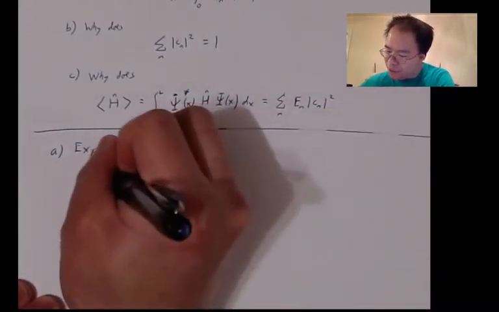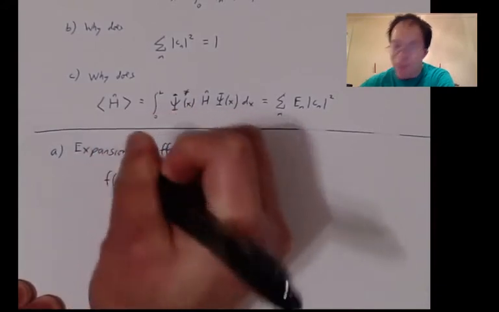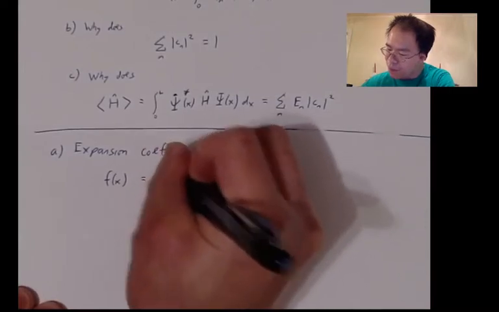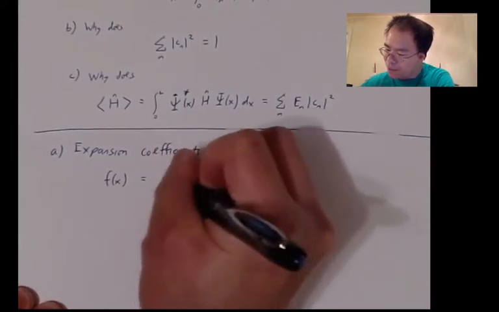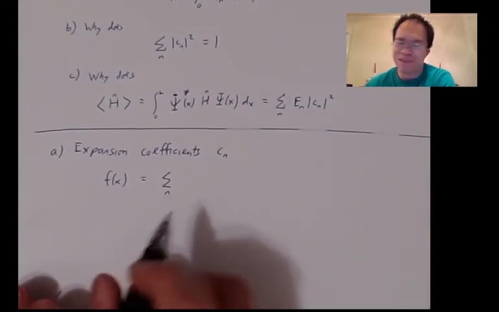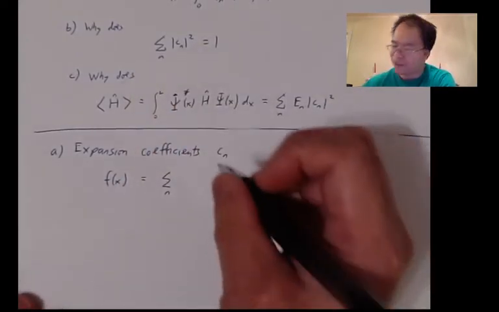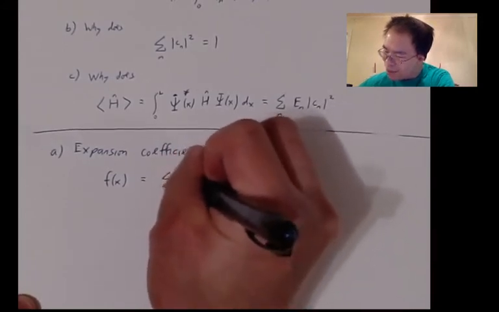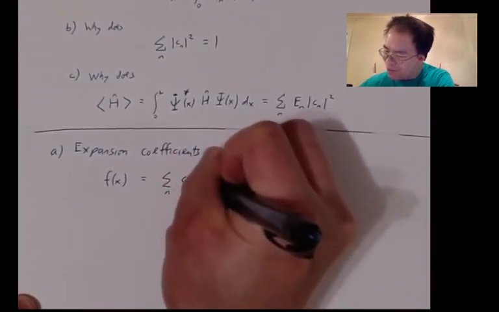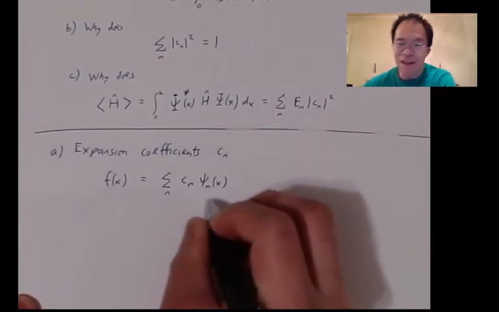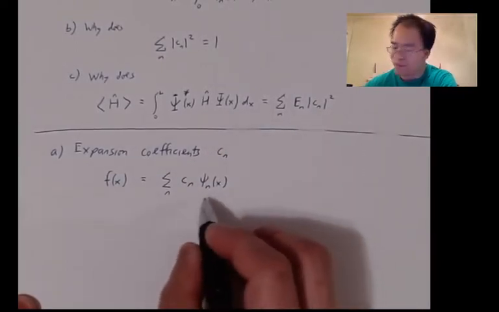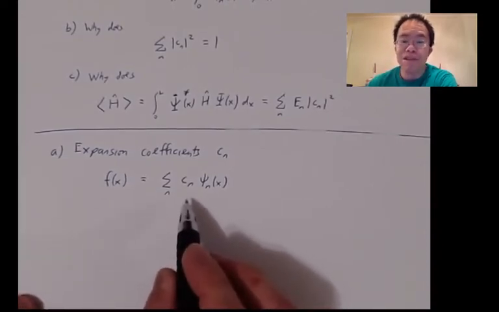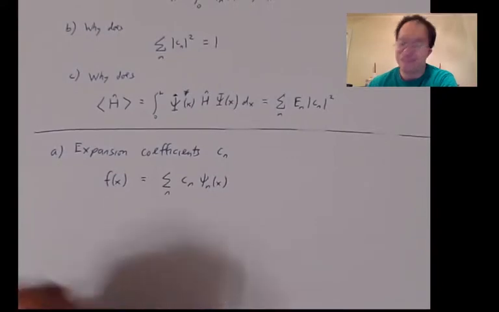I'm going to take f of x to be my arbitrary wave function here, and we know that this can be written as a sum from n equals 1 to infinity, but I think you know that, so I'm just going to suppress that. It's a sum of C sub n psi sub n's, where, if you remember, these are our stationary states. The question is, how do I find these coefficients, which are buried here in the sum?